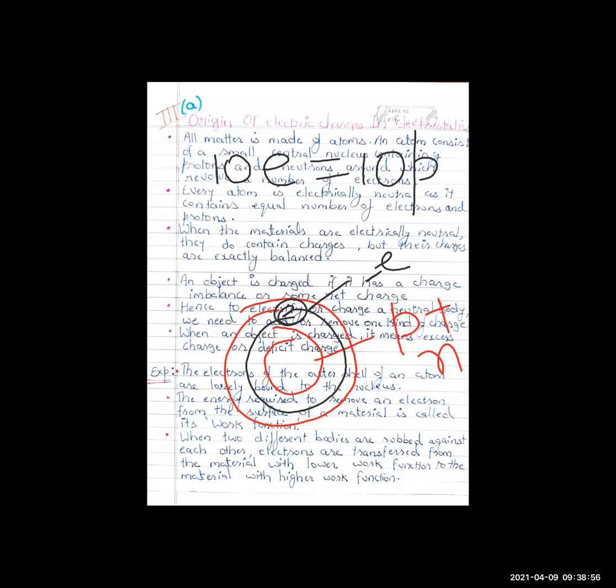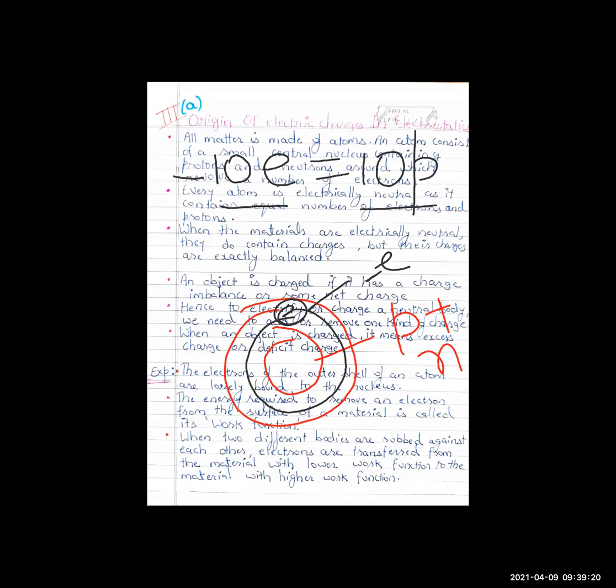Suppose there are 10 electrons and there are 10 protons. So minus 10 plus 10 will be 0. So whenever you say that the object is neutral, it does not mean that it does not contain any charge, but it means that charges are balanced, right? They are balanced.